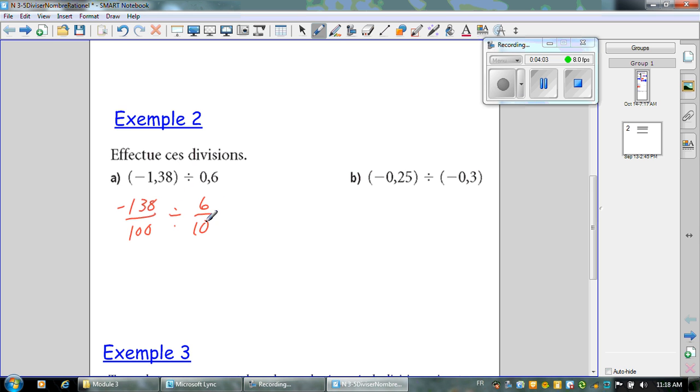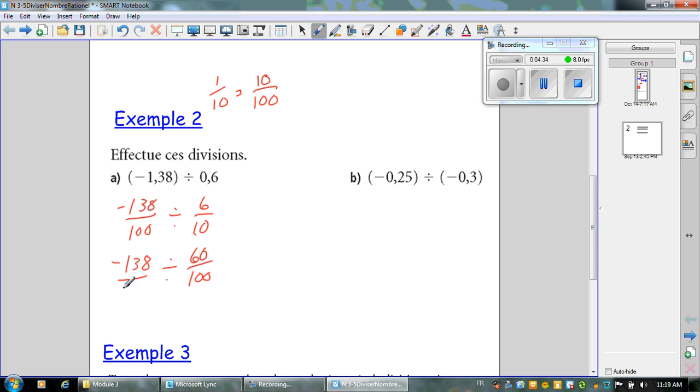I need to change this into hundredths because I need common denominators. I know a tenth of a dollar is 10 cents, so a tenth of 100 is 10. So if each tenth is worth 10 hundredths, 6/10 is 60 hundredths.